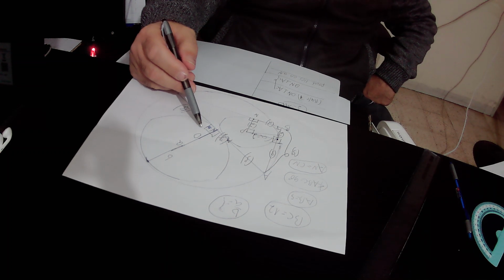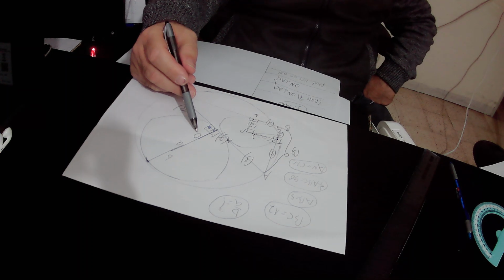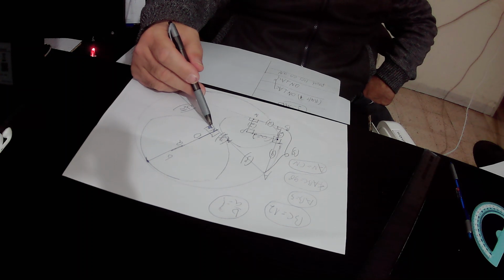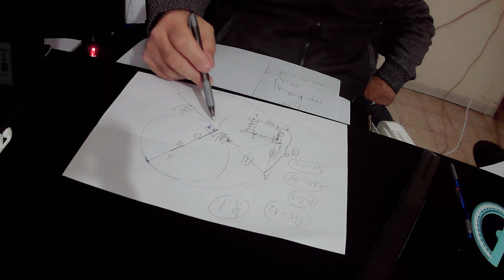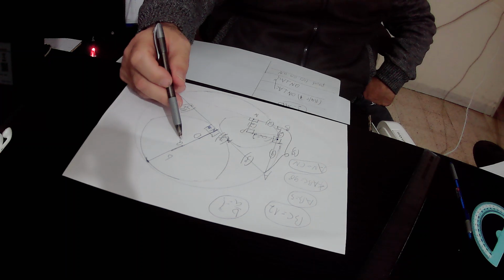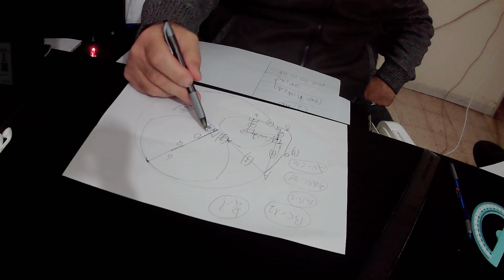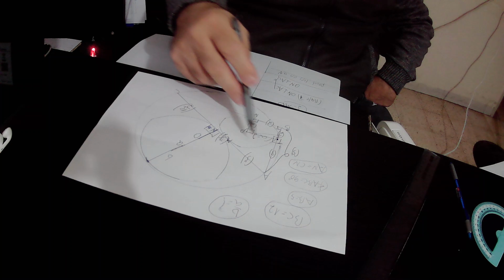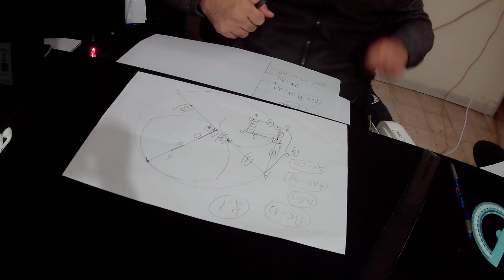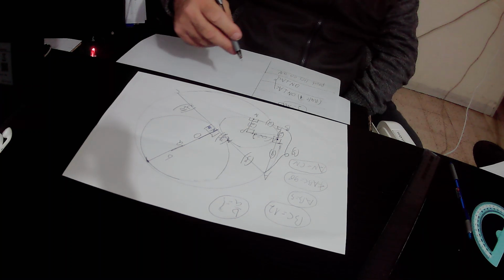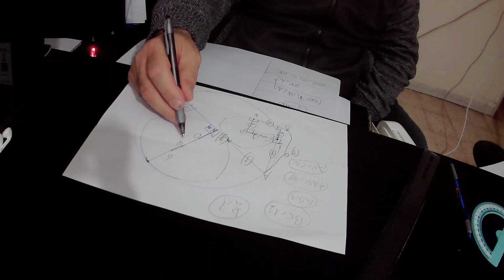Why? Because line segment ON creates 90 degrees with AC at point N. But the radius QN also creates 90 degrees with AC at point N. Therefore, point O must lie on QN.